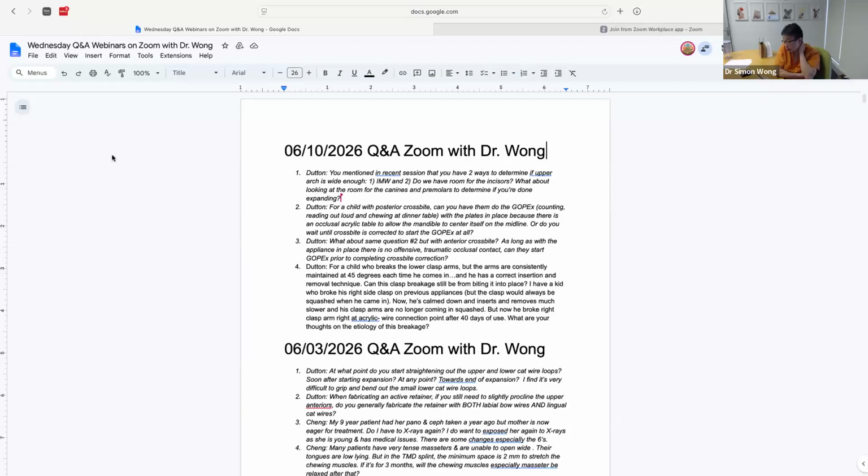Because they polish the acrylic, and if they're not careful, they can damage the wire at the interface. Another laboratory-based fault will be if they overheat the laser weld and kind of burn through the metal.